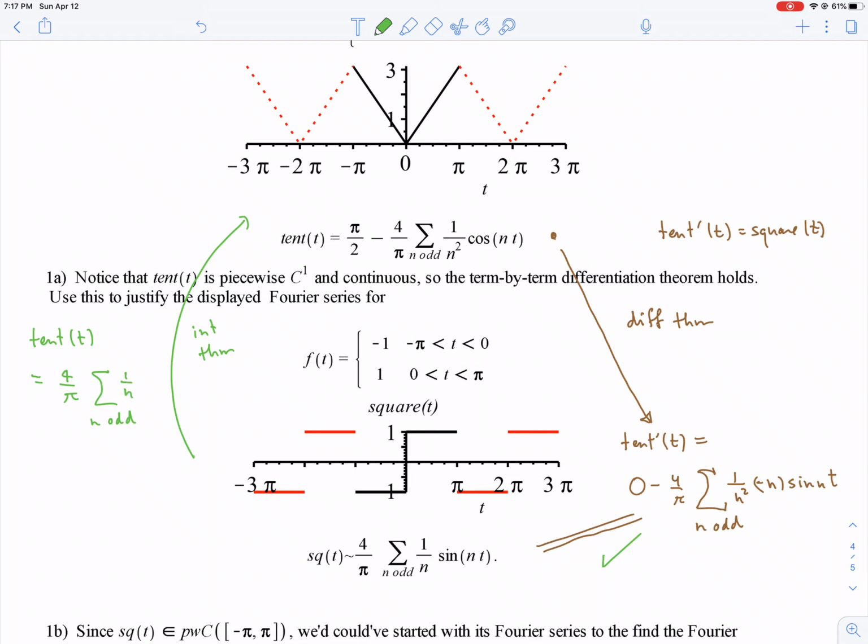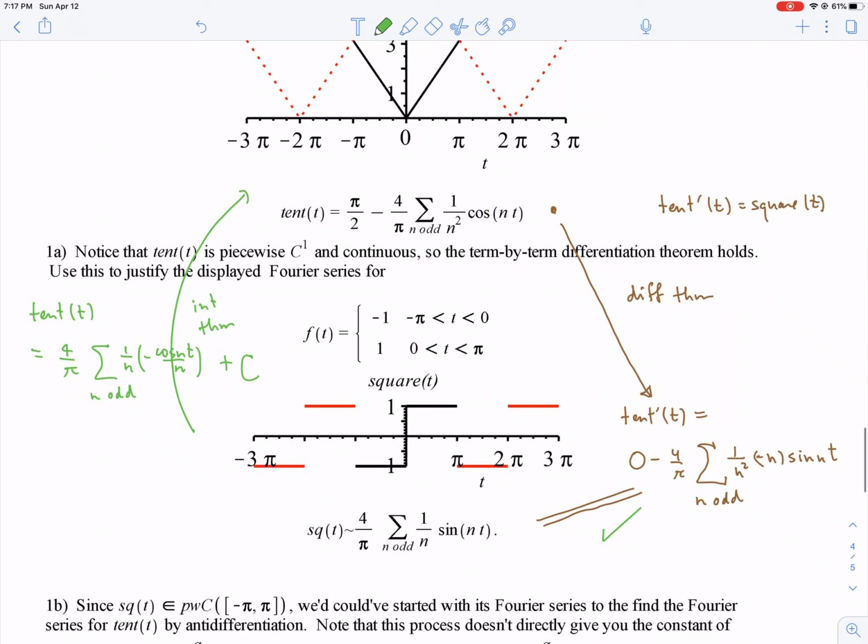The antiderivative of sine nt is minus cos nt over n. And then there's an additive constant.